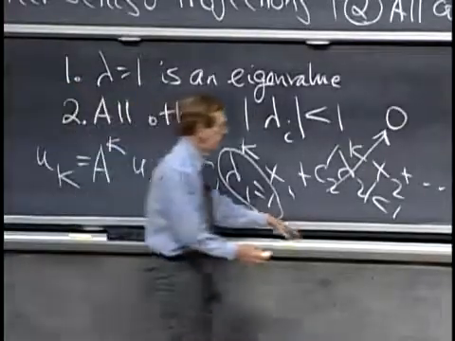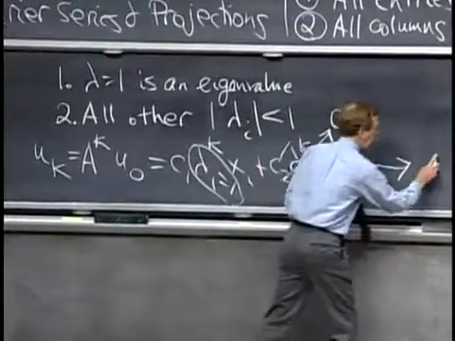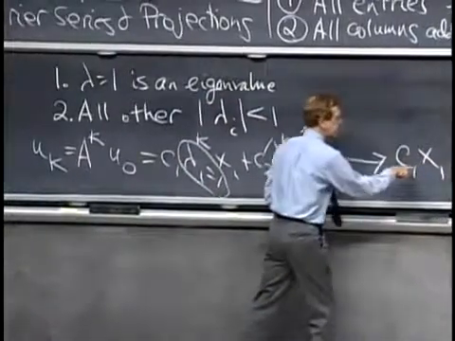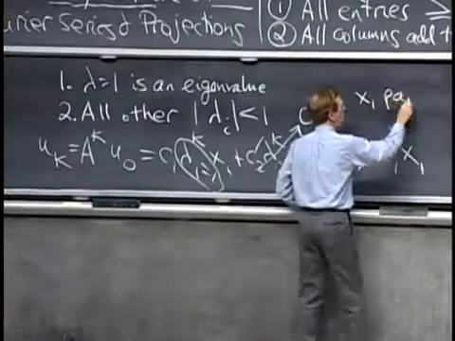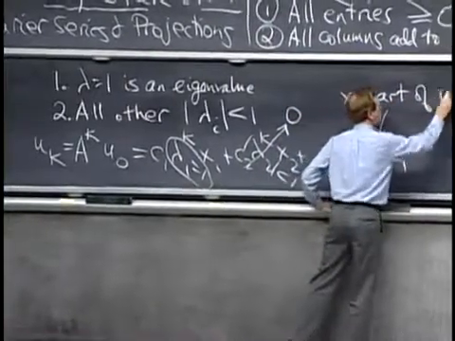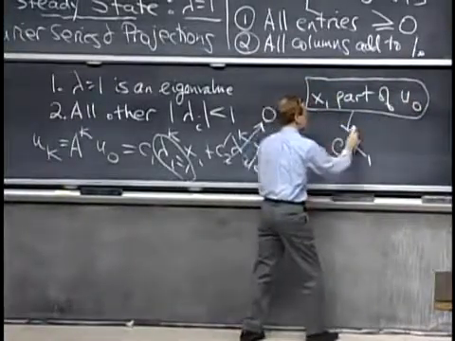And the steady state that we're approaching is just whatever there was. This is the x1 part of the initial condition u0. That is the steady state.